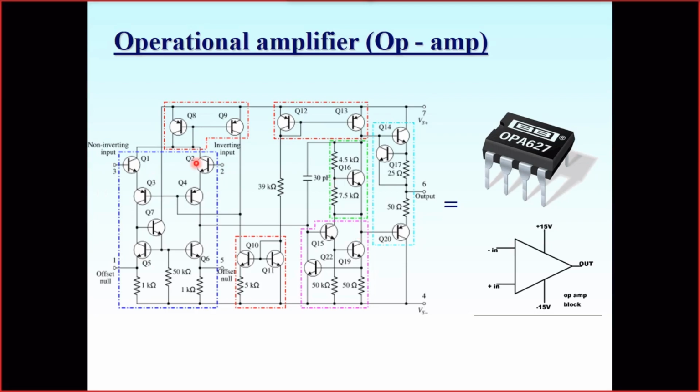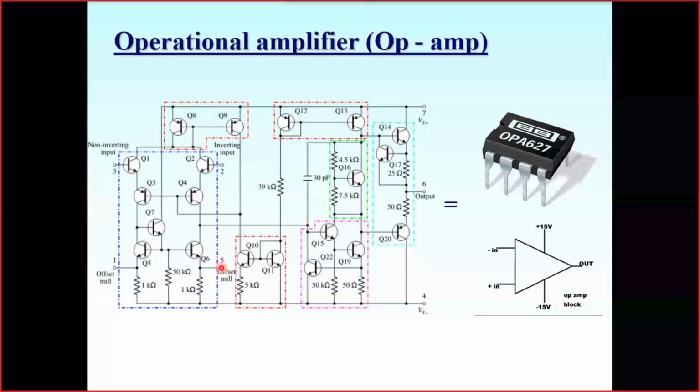But the two lines of transistors never will be the same. They always have a little bit of difference. So when we apply the same voltage on both inverting and non-inverting inputs, we should suppose, for the ideal case, that the currents through the left and right transistor circuits will be the same. This is actually not a fact. They are a little bit different because of the different parameters of the transistors.